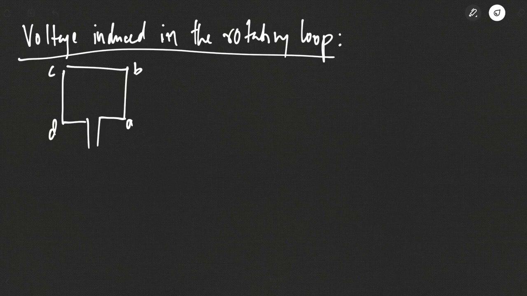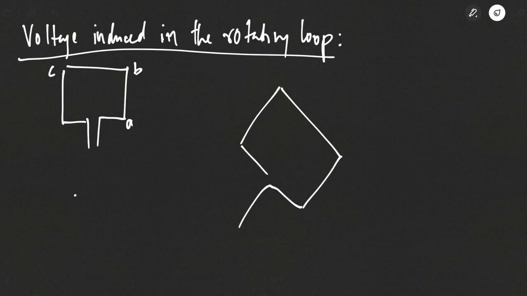If we look at the front view of this, you have a coil ABCD placed in the magnetic field, and this coil is rotating.